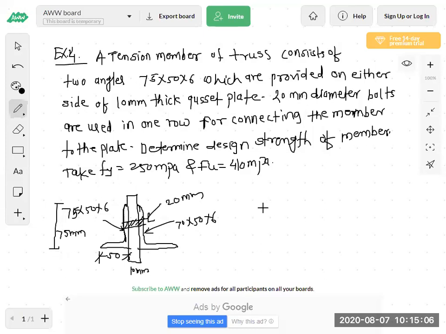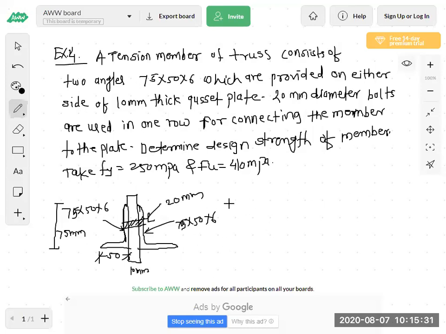Are you getting? You as a designer, you are the civil engineer, so you are the designer. So as a designer, you have to think which leg we have to connect. So if we here connect this longer leg 75, that we have to mention. Assume longer leg is connected to gusset plate.